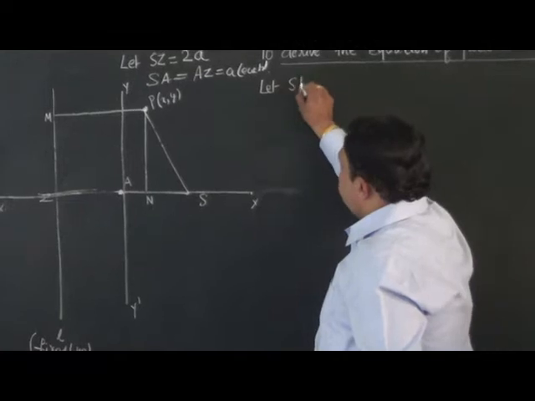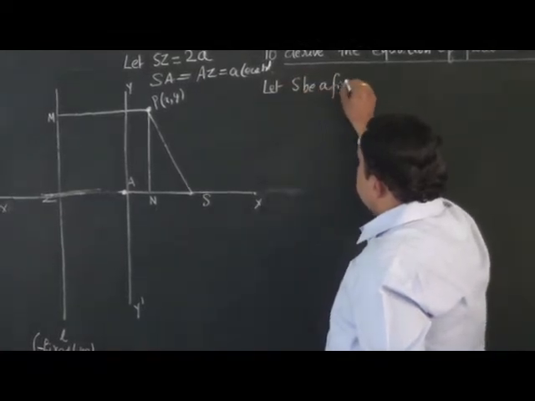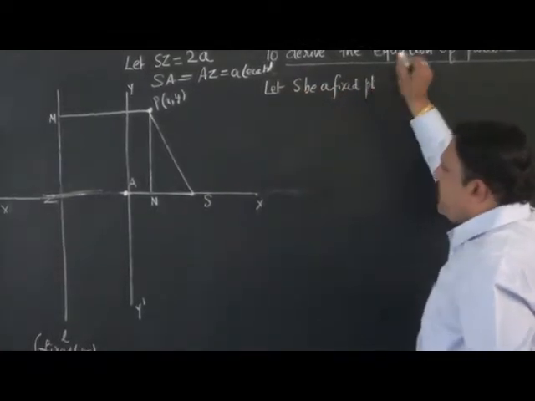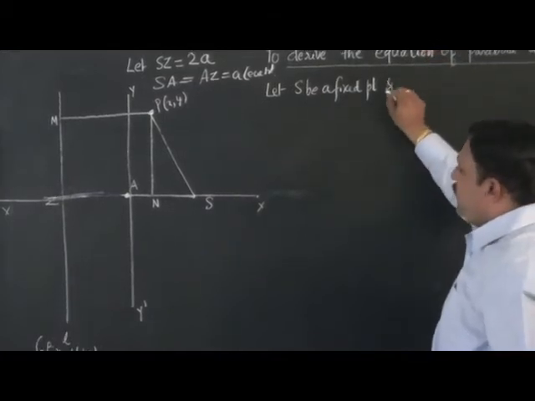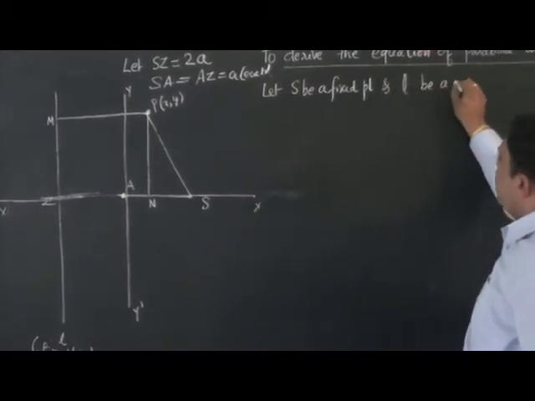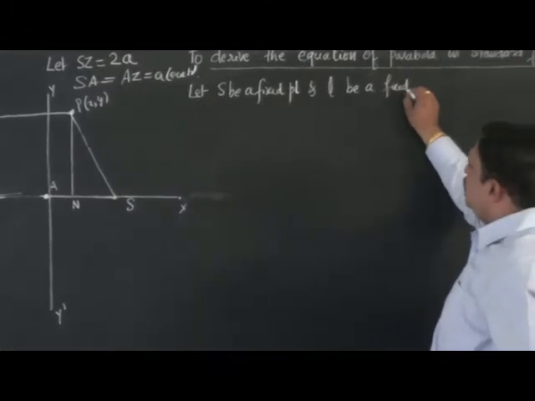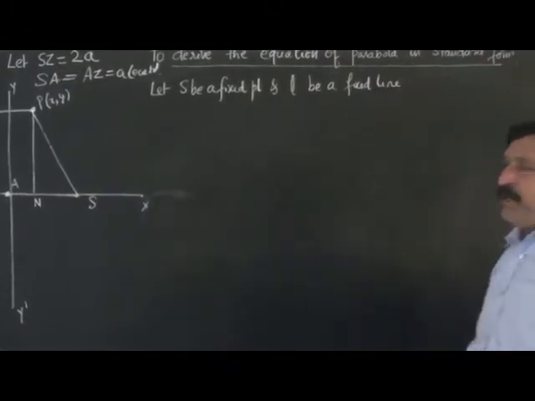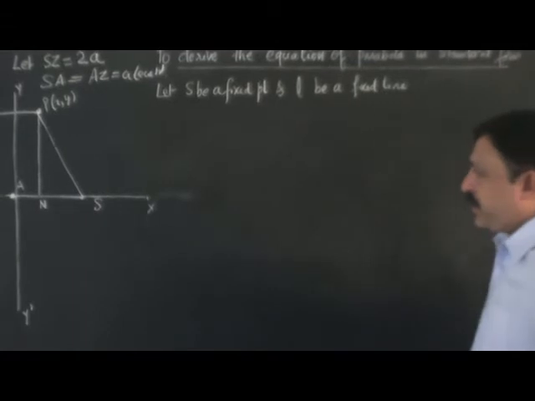So the explanation of this diagram is like this. Let S be a fixed point and L be a fixed line.